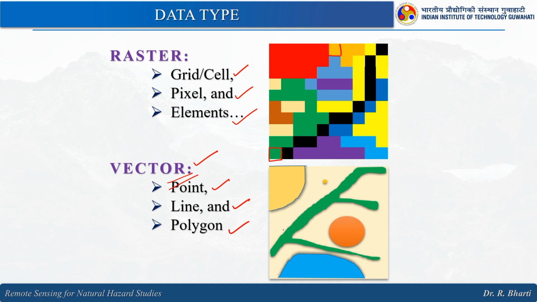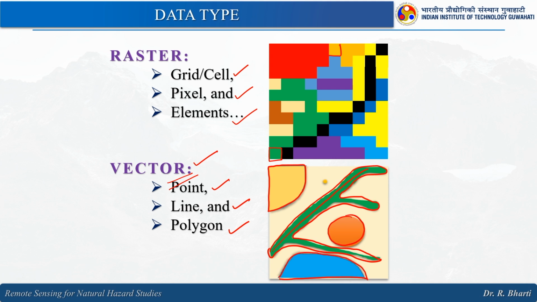So here you can see this is one type of polygon, this is another type of polygon, right? But if I draw a line here, this will become a line feature, right? This is one point, this is another polygon, this is another polygon.